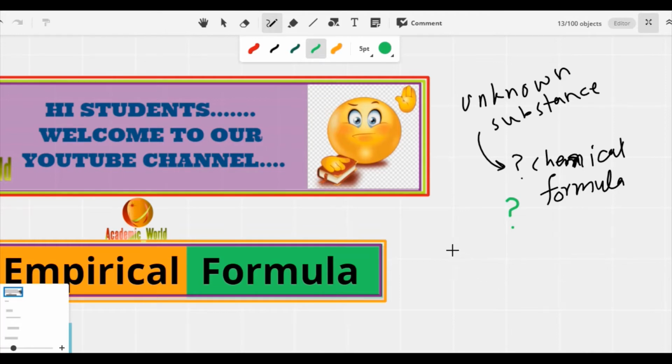First of all, we need to identify the elements that are present in the compound. The first step is to identify the elements.